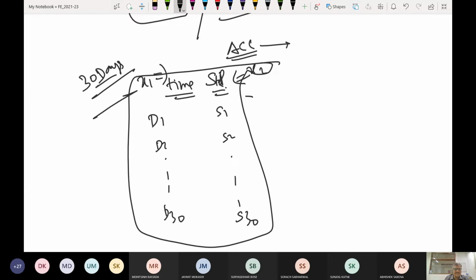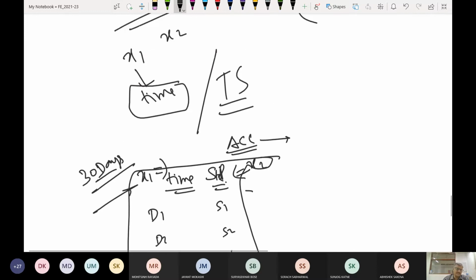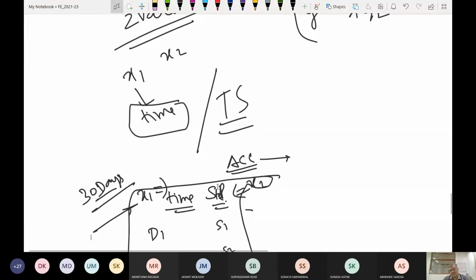Out of two variables, one is a definition of time, which can be day, week, month, year, decades. So any definition of time can be one of the variables, and you can have any variable as the other variable in a two variable setup, and that's the example of time series.